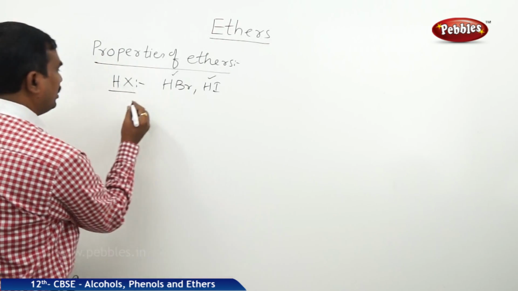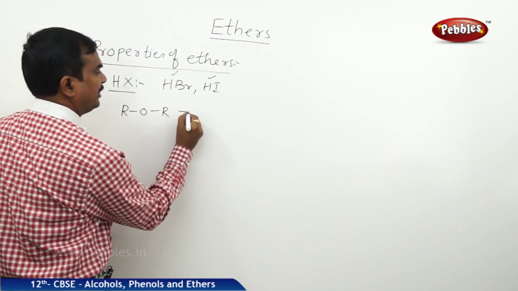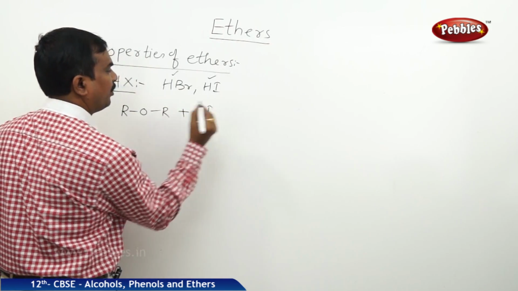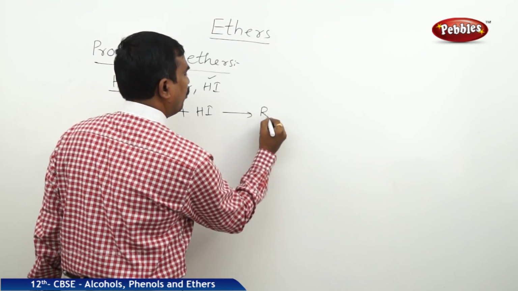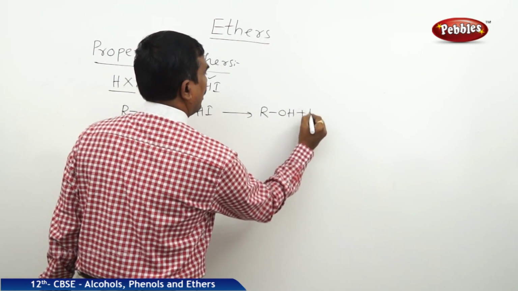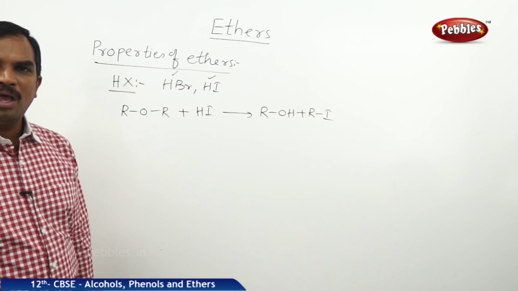If you take for example an ether, I am taking it as ROR. If it reacts with hydrogen iodide, HI, this will give one as alcohol and the other as alkyl iodide or iodoalkane.